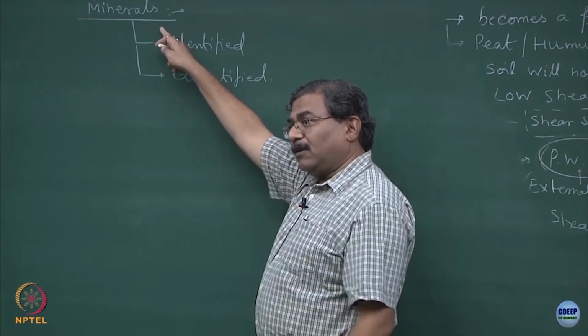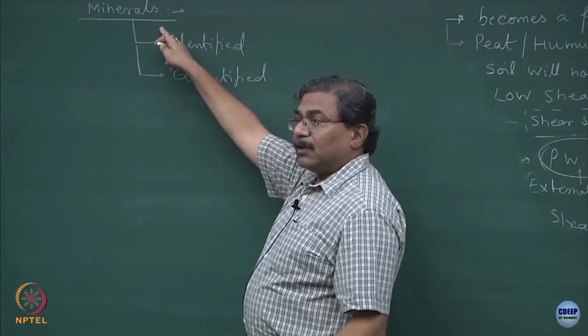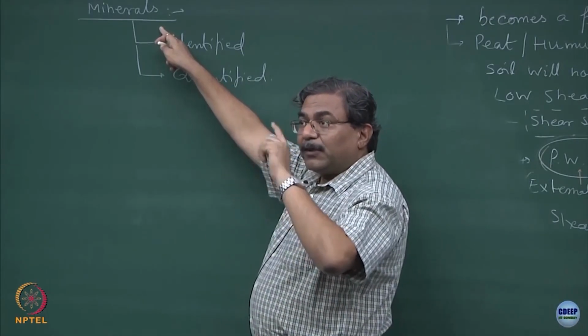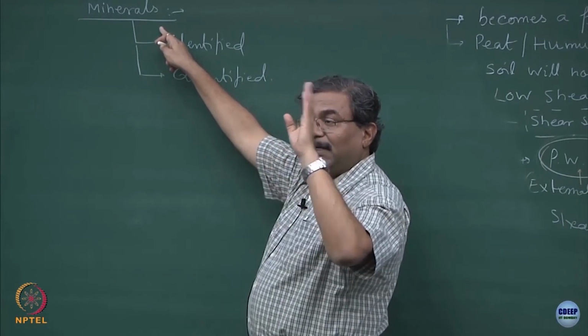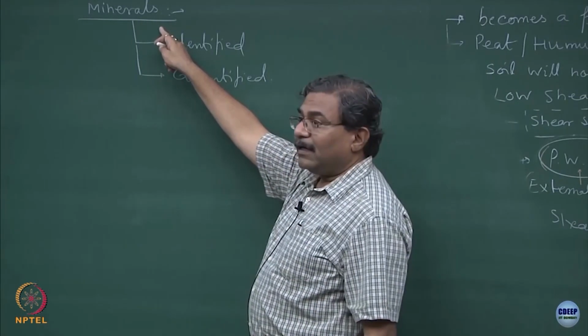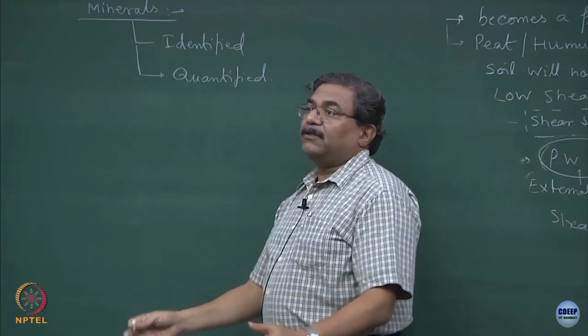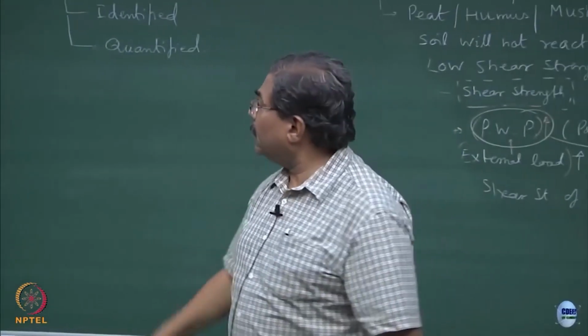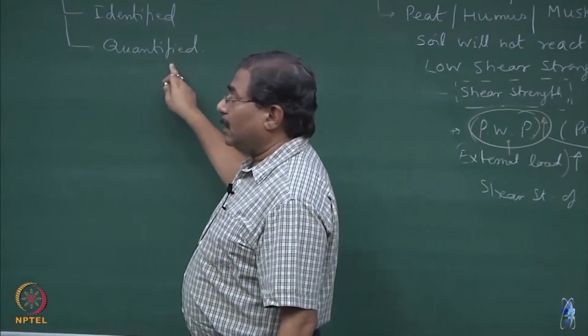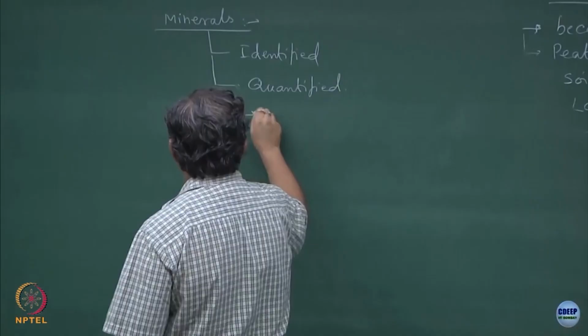Somebody asked this question long back. So, the way the weathering has occurred, the way the transportation has occurred, the way the mineralogy has changed over the years, millions of years, clear, the system is going to behave or perform. So, first thing is identification, second is quantification, and third would be correlation.